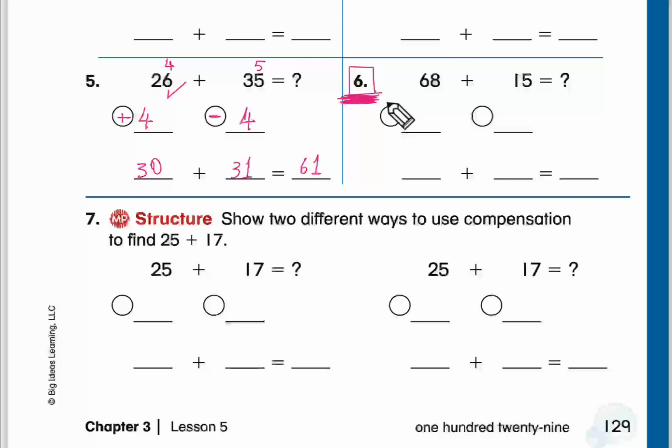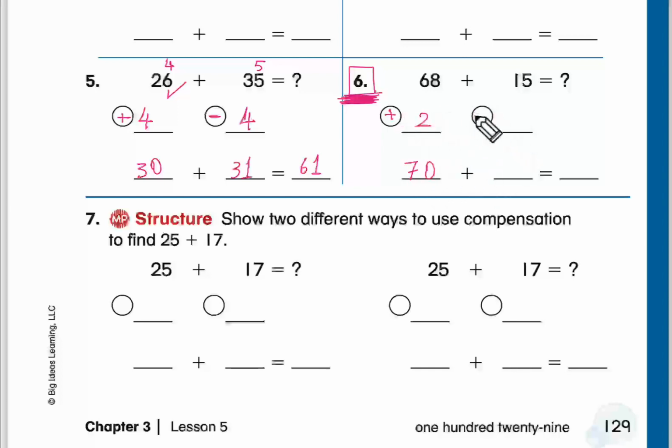Okay, let's explain one more. Abdullah Saleh? Can I do number 6? Of course, Abdullah, go ahead. 68 plus 2, excellent. To make it 70.